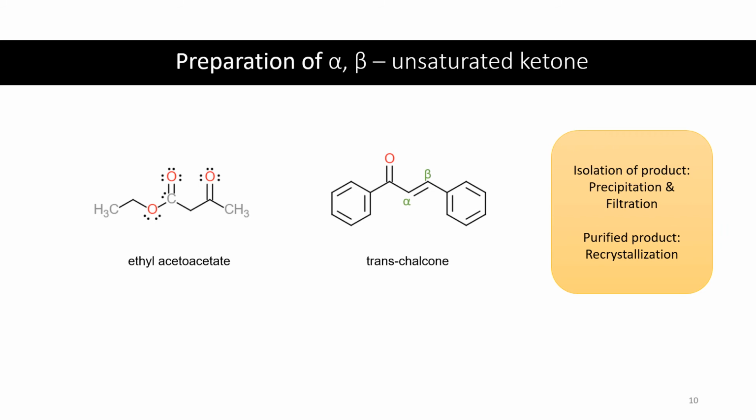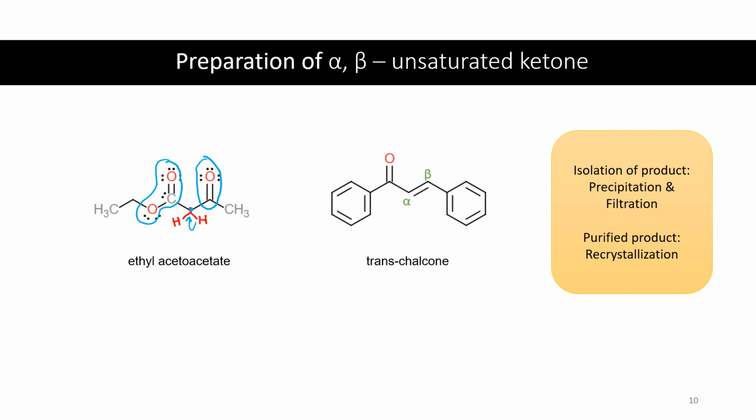Next, we did preparation of an alpha-beta unsaturated ketone. So in this one, you have to remember about the acidic protons. In this molecule, we have acidic protons here because this carbon is sandwiched between highly electronegative functional groups. Therefore, this carbon is lacking electrons, so it's more likely to grab electrons from one of these hydrogens.